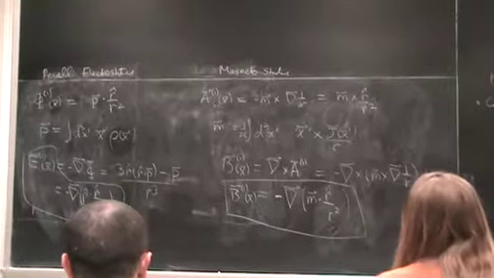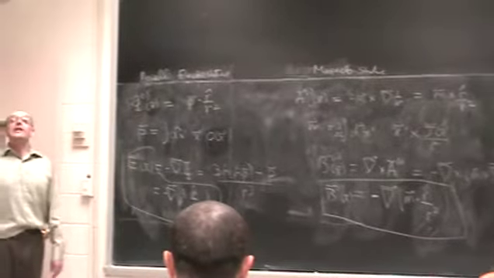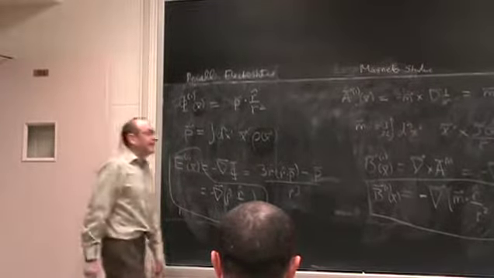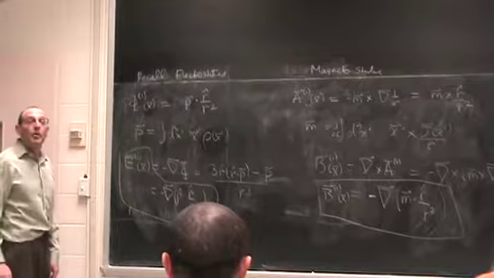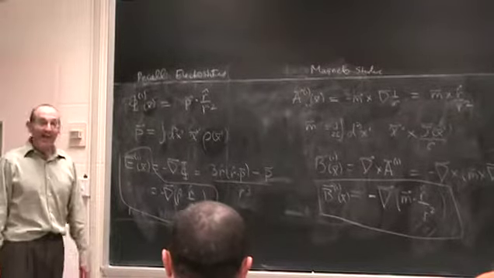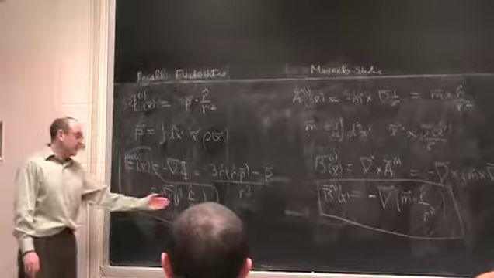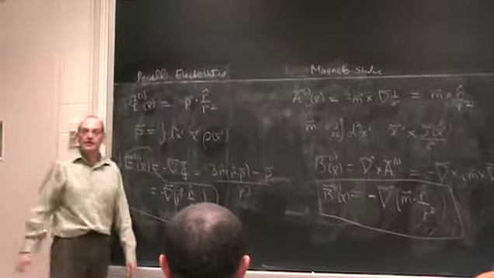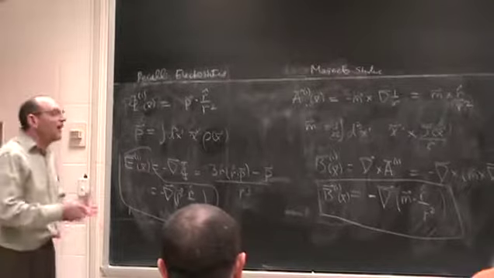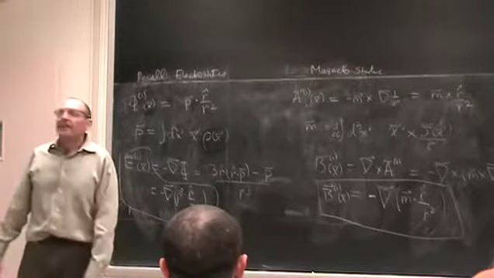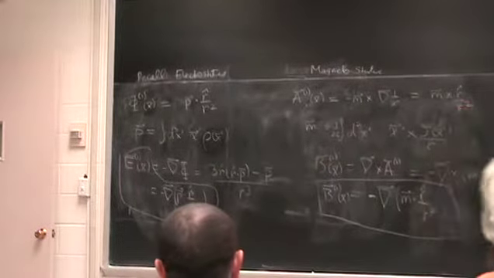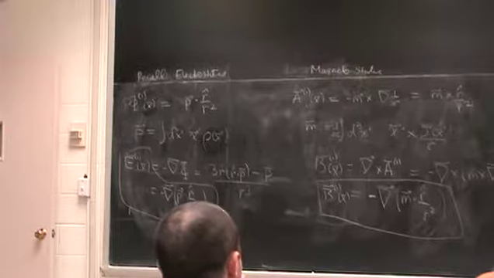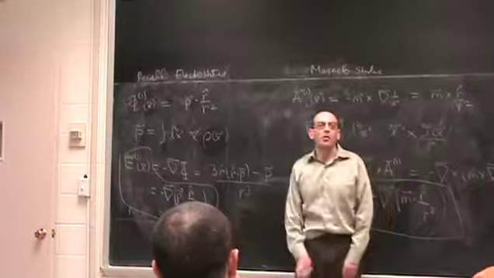So the moral of the story, boys and girls, is the magnetic field associated with the magnetic dipole moment is exactly the same as the electric field associated with the electric dipole moment. Therefore, they're dipolar fields. They can be expressed in different ways in terms of vector potentials and scalar potentials, but the fields are the same.